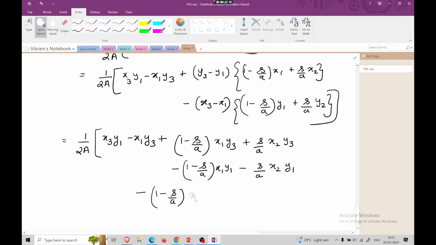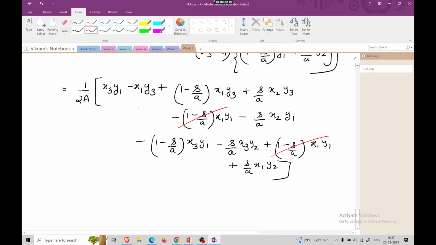If you see the terms which are cancelling, these two will cancel. So x3 y1, I have two things. Similarly x1 y3, I have two things. So finally I'll get something like this, 1 by 2a. So this will be 1 minus of 1 plus s by a.